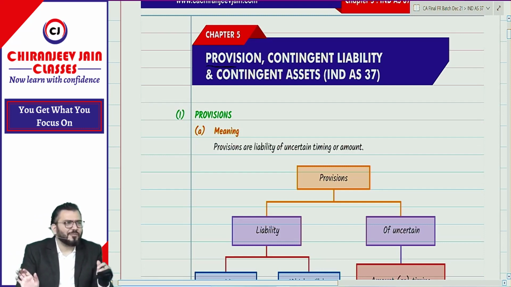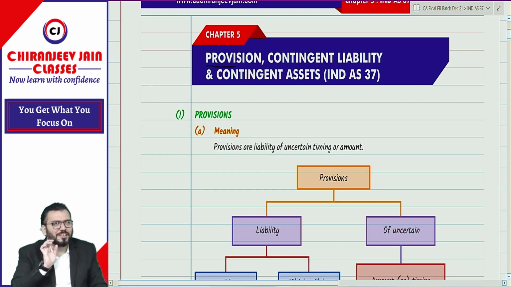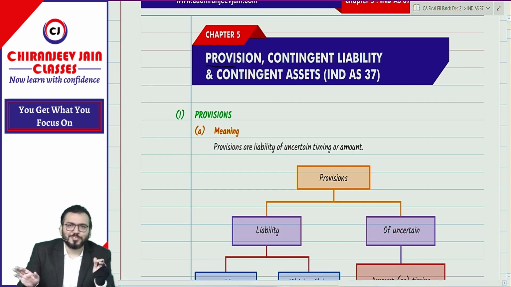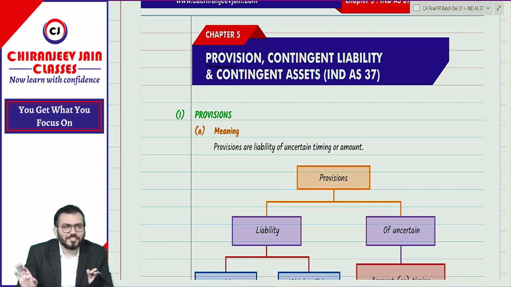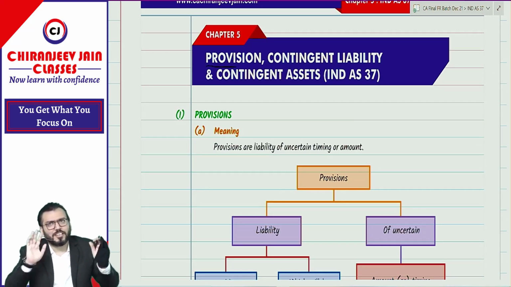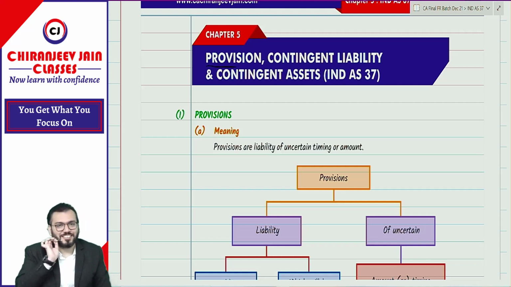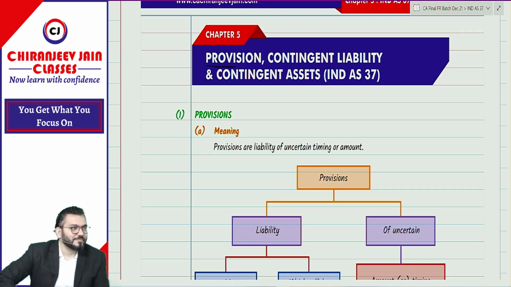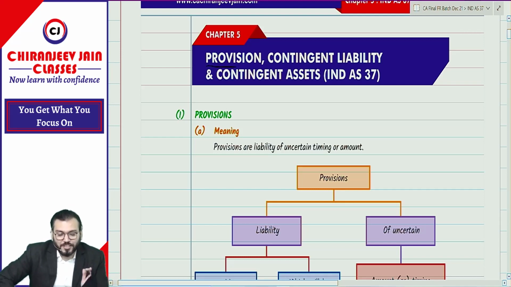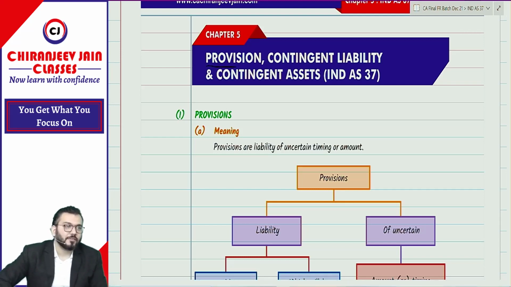Now you should be feeling comfortable because you have an idea about provision, contingent liabilities and contingent assets. Whenever I use provision, you will understand we are discussing liability. Correct now? So provision, contingent liability and contingent asset are covered as per Ind AS 37. The corresponding AS is AS 29.